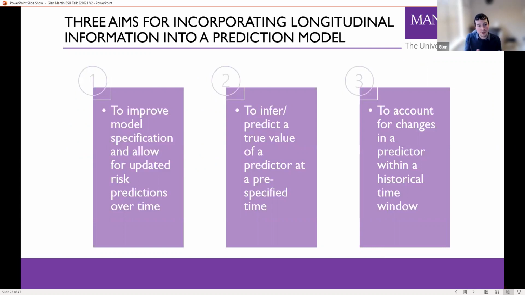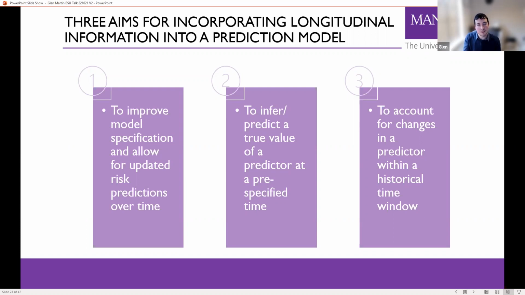And speaking to a largely statistical audience, this is probably unsurprising to many of you, but the three aims were firstly to improve the model specification, so in other words, to improve parameter estimation, and also to allow updated predictions through time. So if I observe a new measure of someone's BMI, I can then update their predicted risk of CVD through time.